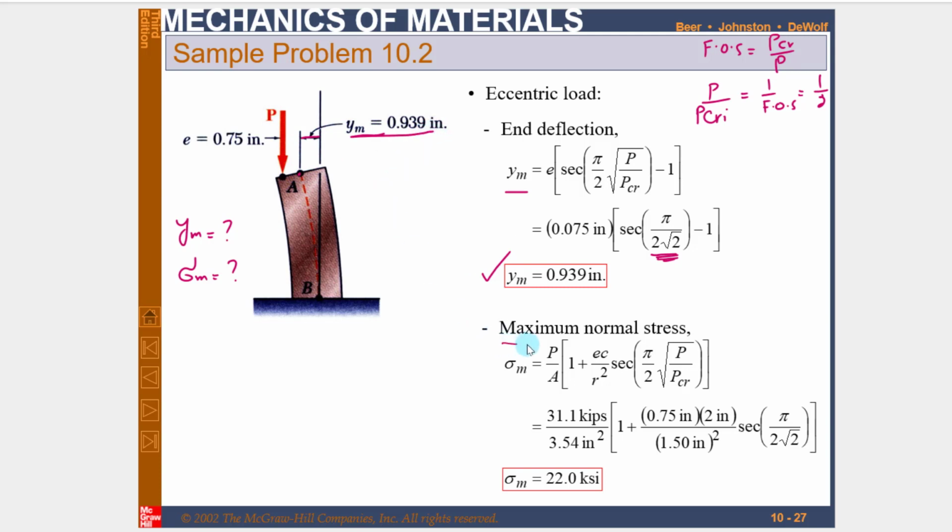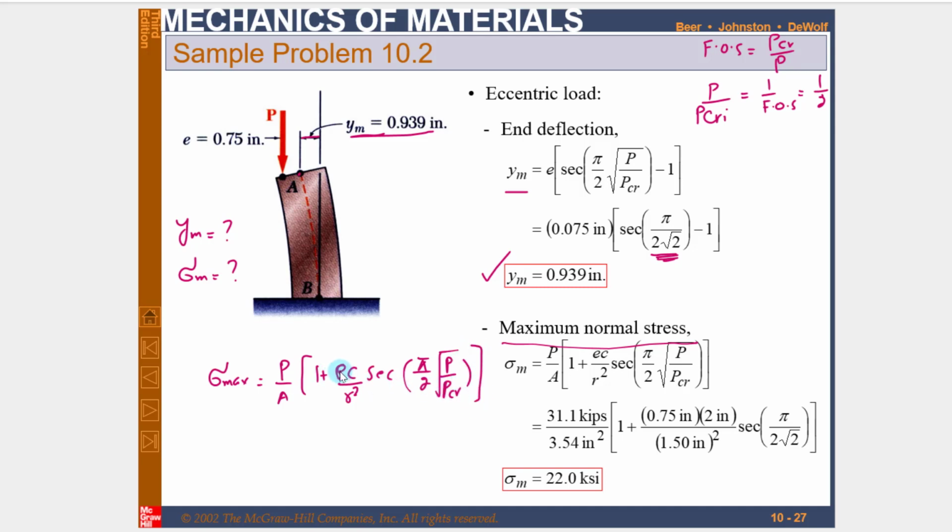Now maximum normal stress, for maximum normal stress we have formula sigma max is equal to P by A into 1 plus ec over r square into secant of pi by 2 into under root P over P critical, clear?